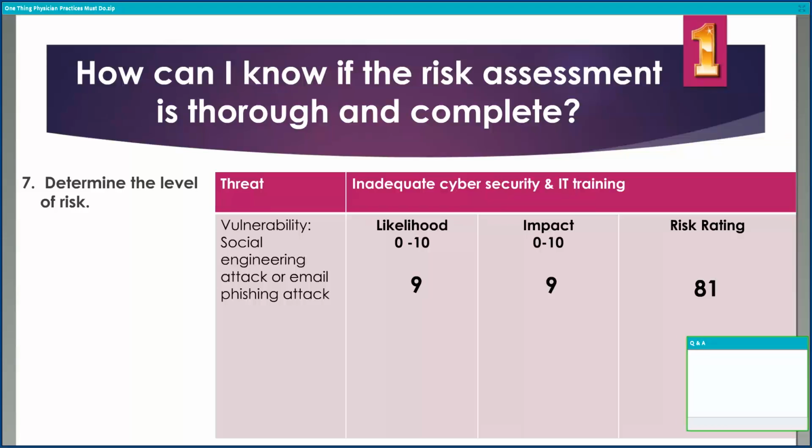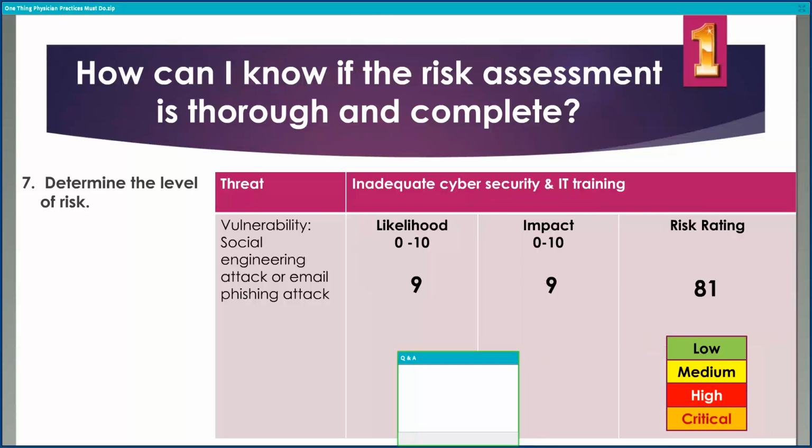If using the numeric value, the scores would simply be multiplied, in this case 81. They can also easily be converted to a color-coded type of ranking that is very easy to help management to see which topics are most critical in need of immediate remediation.